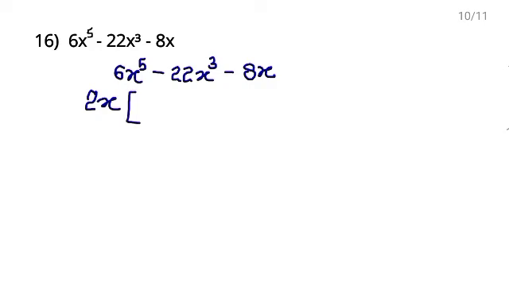So now in the bracket you have 2 3s are 6, x raised to the power 5, from which you have taken x common, so power 4 is still remaining, minus 2 11s are 22. From x raised to the power 3 you have taken 1 power common, so you are left with 2, minus 2x you have taken common, so 2 4s are 8 and x you have taken common, so no need to mention the variable.